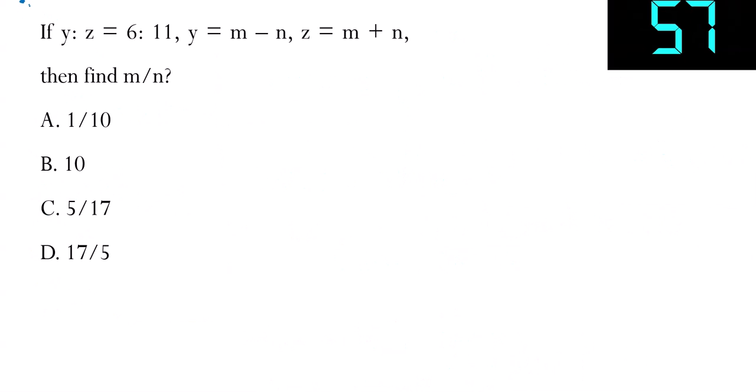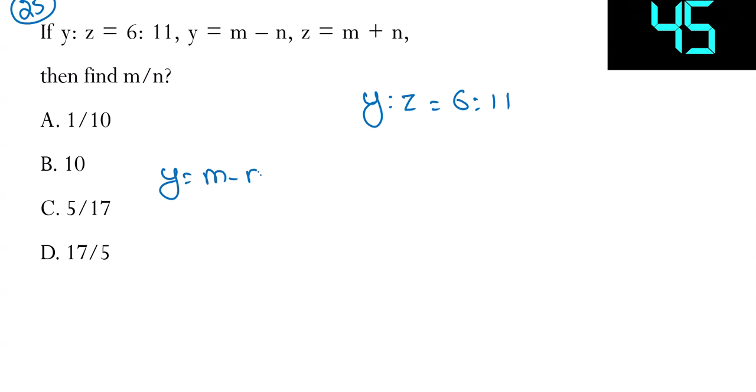And ratios they're asking in this fashion here. Very, very easy stuff like this they're asking. Y and Z is 6 and 11. Y is m minus n. Z is m plus n. They're asking m by n is what?